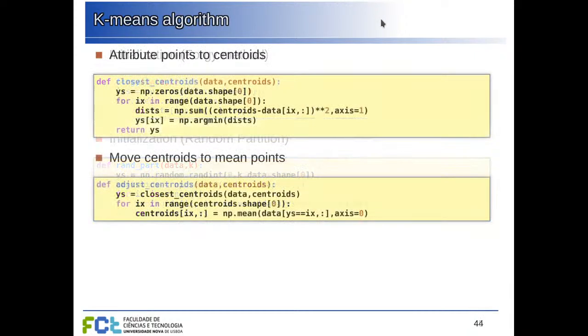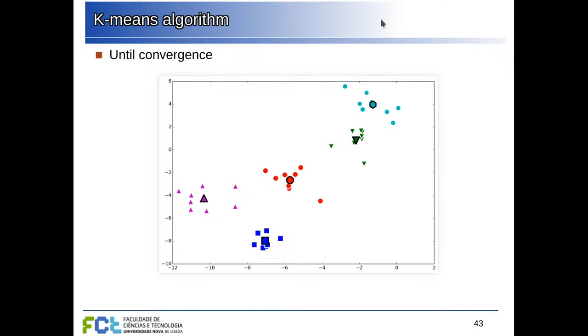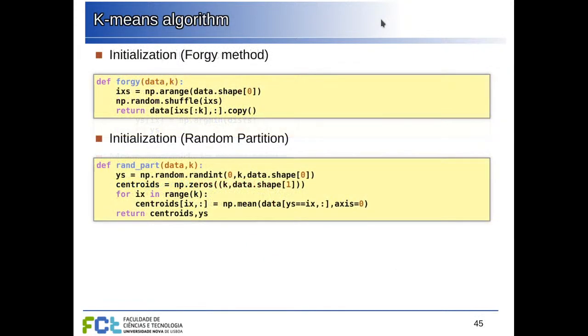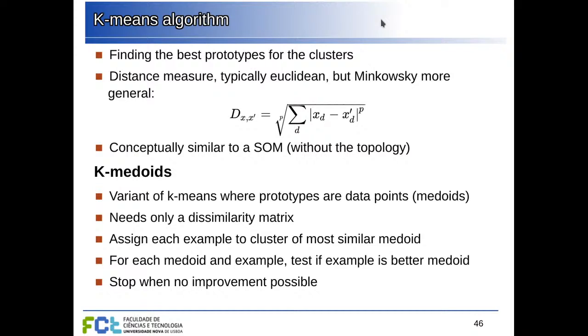If we have examples that are like this, that are coordinates in some space, then it's easy to compute the midpoint and find the representative. However, it may happen that we cannot really find the midpoint. We have some way of measuring distances or similarities, but we cannot measure the midpoint.